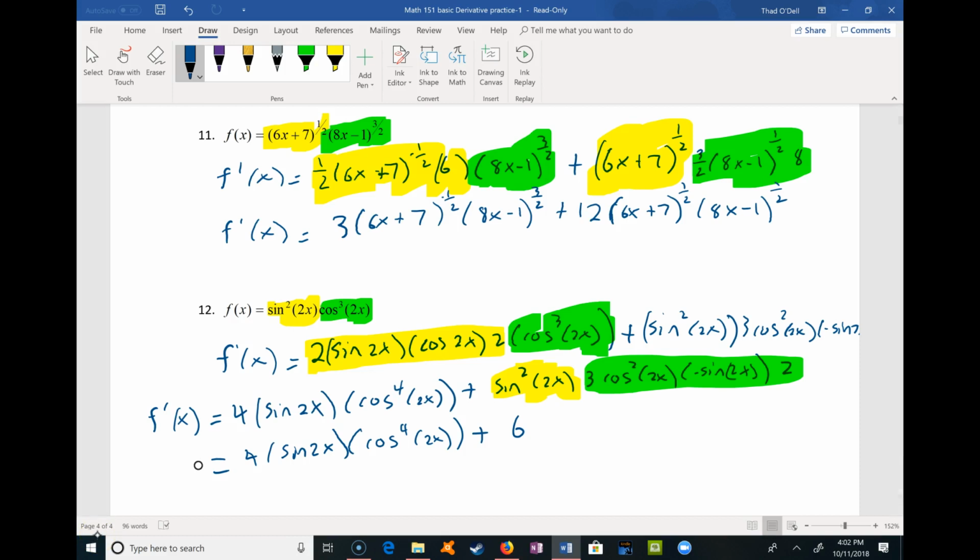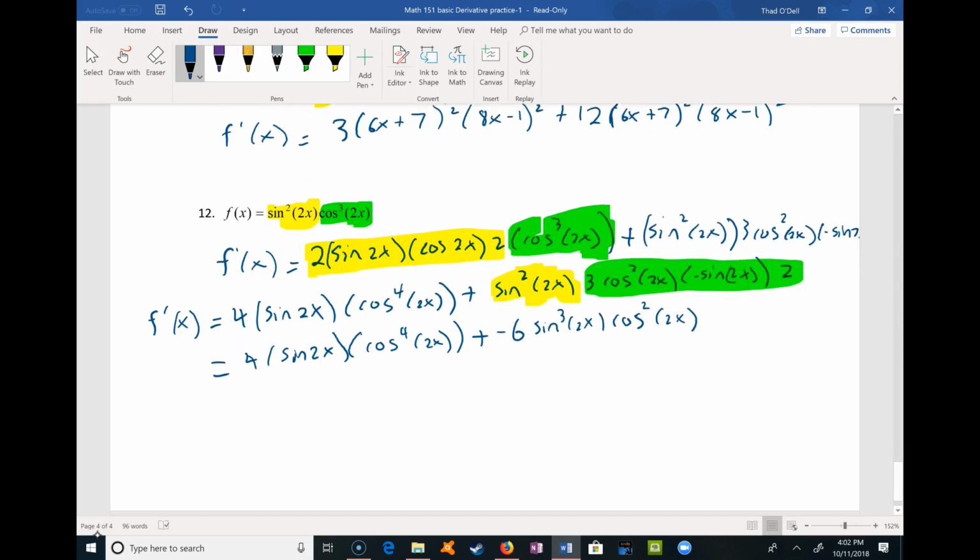So they have 3 times 3 is 6, and then we have a sine of 2x there and there. And that negative, of course, is just going to go out front, so I'll put that there. And so how many factors of sine of 2x do we have? It looks like we have 2 there and 1 there, so that'd be 3. And then finally we have a cosine squared 2x. So that's pretty cool. Not bad at all.